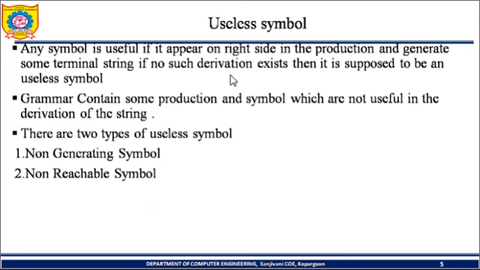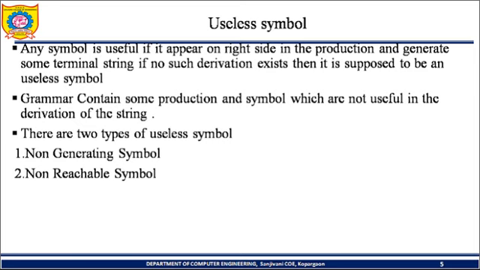First of all, what do we mean by a useful symbol? A symbol is useful if it appears on the right side of a production and generates some terminal string. If no such derivation exists, then it is an useless symbol.